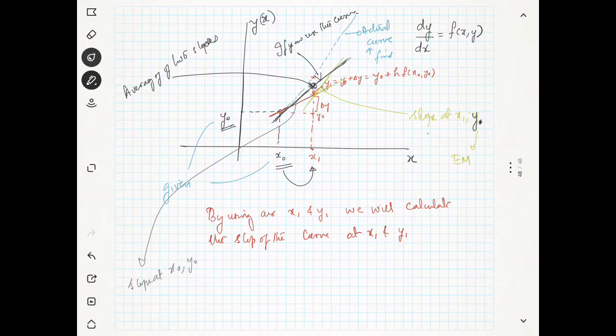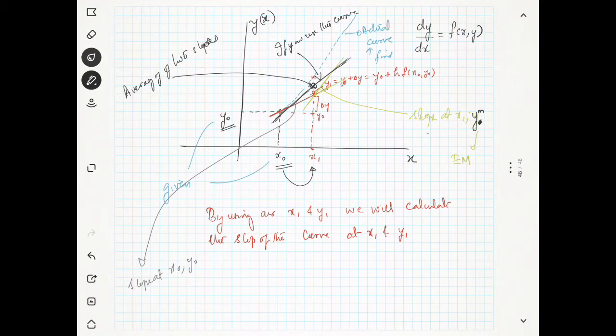The y1 which is obtained using Euler's method, we will notate it as y1 m. Okay, now after obtaining this y1 m, you will be finding the slope at x1 and y1 m. Then you will be finding the average of the slope and it is used to approximate the solution.